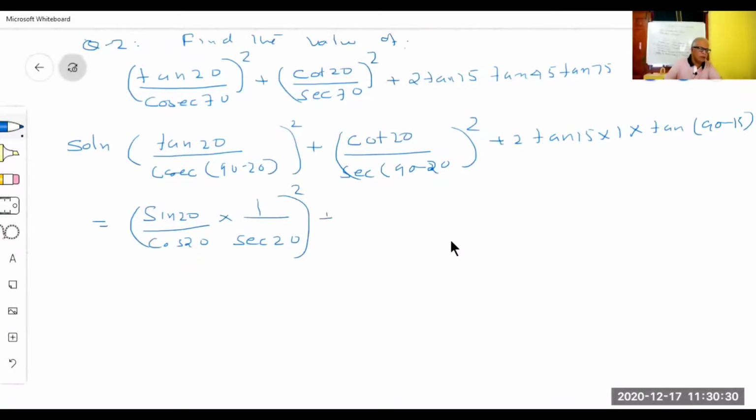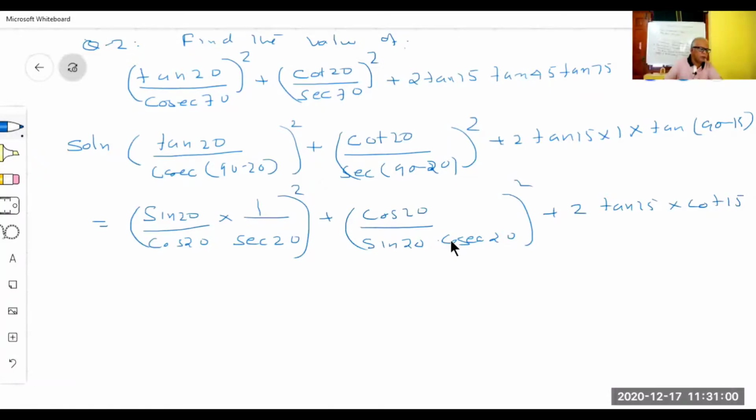Next one is cot 20, same thing, cos 20 by sin 20. Sec 90 minus 20 will be cosec 20, cosec 20 the whole square, okay. 2 into tan 15 into cot 15.